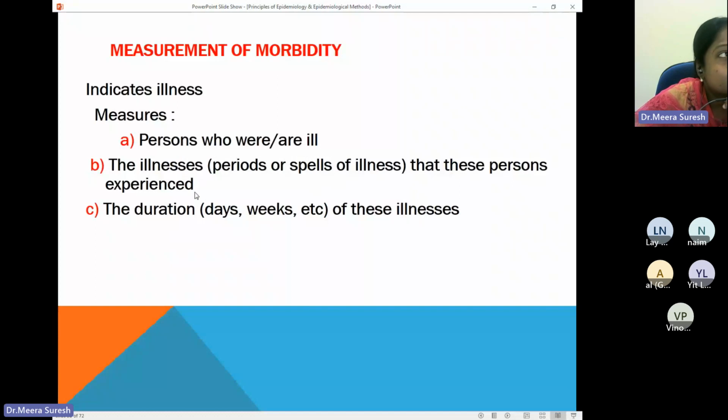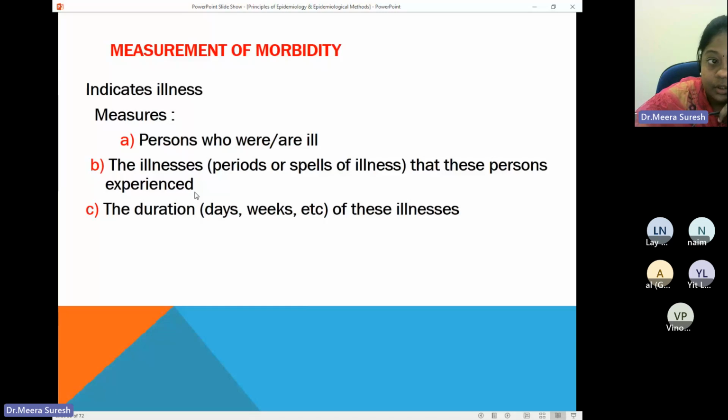For example, if you are going to learn about some disease which has a periodicity or different spells, like bronchial asthma, you will know that patients with bronchial asthma do not have asthmatic complaints every day.